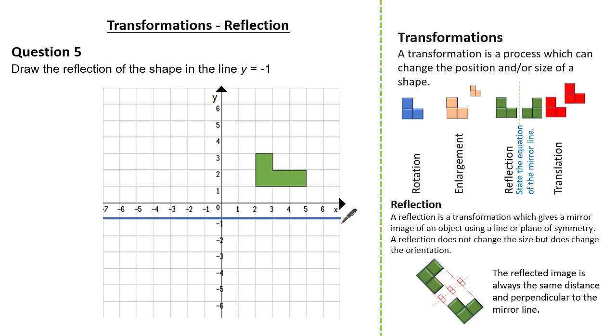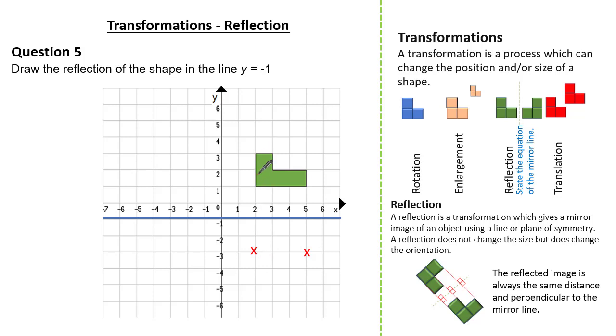Now we've identified our mirror line, let's identify each reflected vertex. Well, this vertex is 2 squares away perpendicular from our mirror line, so therefore our new vertex will be 2 squares away. Here we have 2 squares away perpendicular from our mirror line, so it's 2 squares away. We repeat the same process for each other vertex.